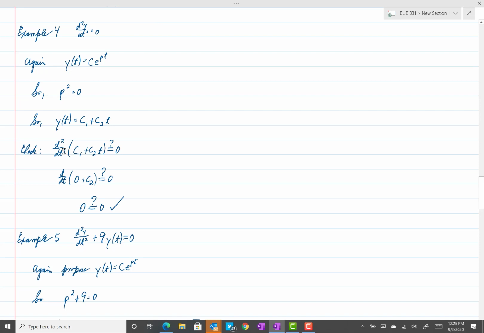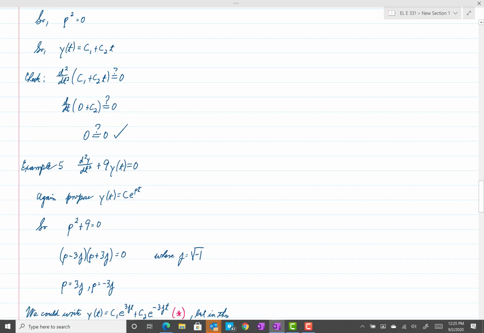So I'm pulling one derivative down, and then the other derivative I'm going to have operating on this. Okay, the first derivative of a constant is 0. And the first derivative of c2t is c2. Now I need to take one more derivative. The derivative of 0 is 0. The derivative of a constant is 0. So I get 0 equals 0. And that checks. So this is indeed correct.